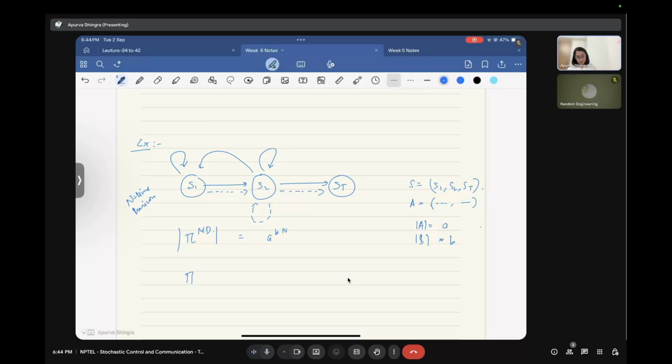On the other hand, if we were to focus on history dependent deterministic policies, then how would this number be? Something very big like A to the power B, A to the power A B squared, because history is there.